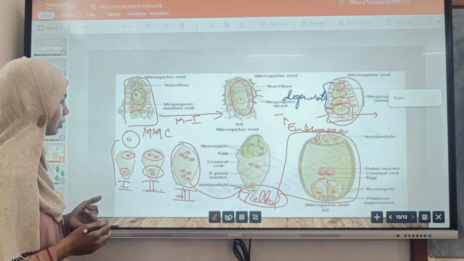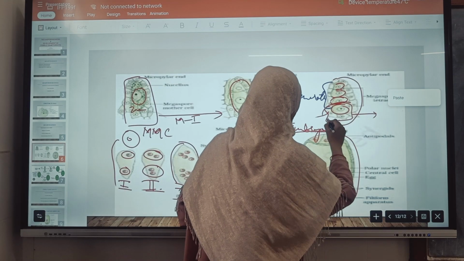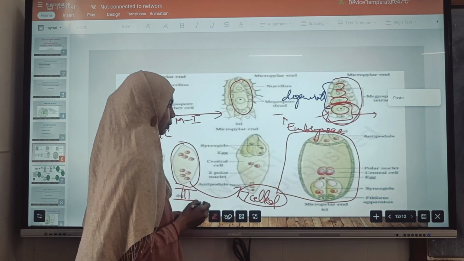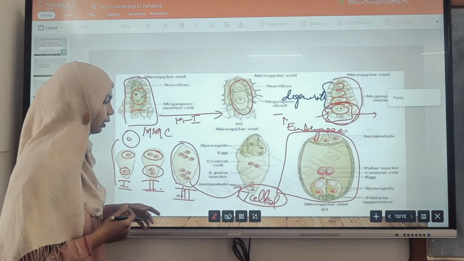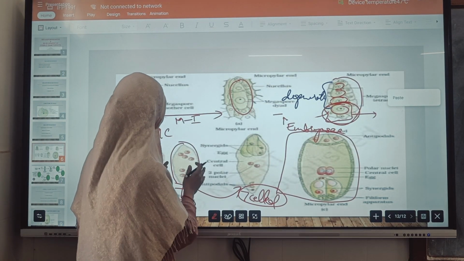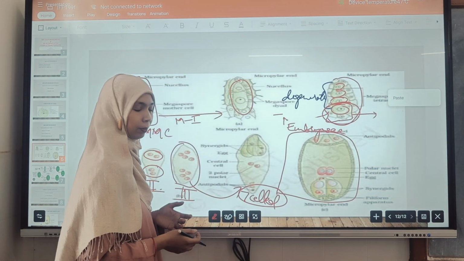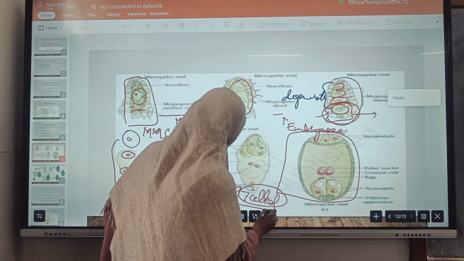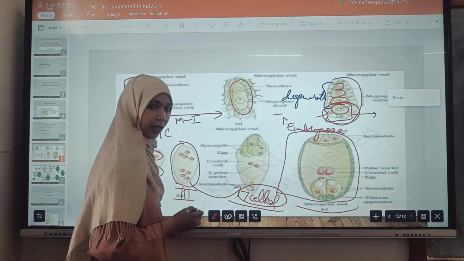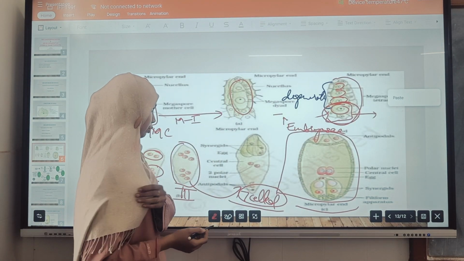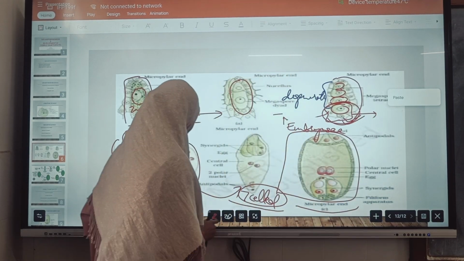And how is this embryo sac formed? It is formed from the functional megaspore, which develops through 3 sequential free nuclear divisions, finally forming an 8-nucleate cell. Later, when the cell wall is formed, it differentiates into a 7-celled structure and finally forms the embryo sac or female gametophyte. During this process only 1 megaspore is functional.